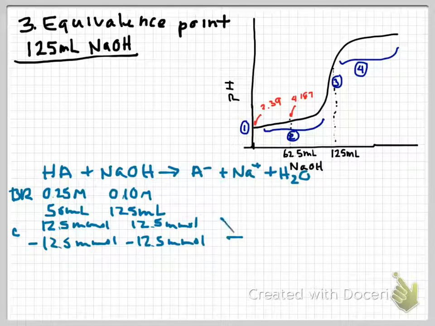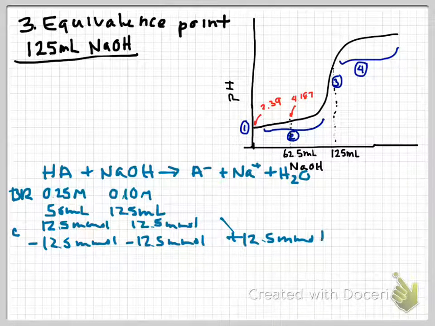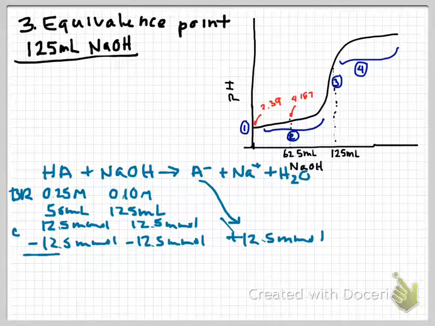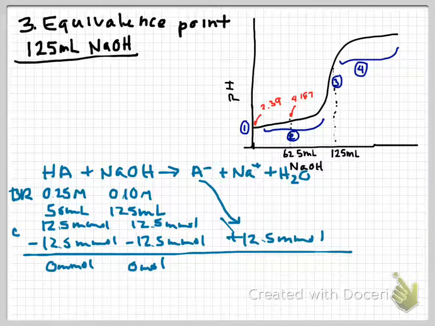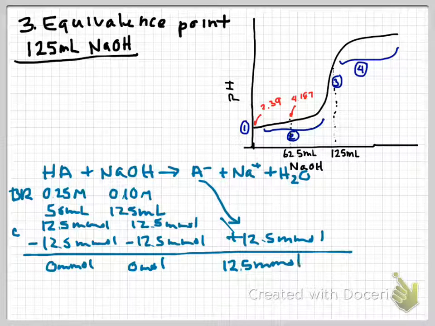And then on my product side, plus 12.5 millimole for our weak base. So I have 0 millimole of HA, 0 millimole of NaOH, and then I have all weak base in solution. Divide by your total volume to get back to molarity.